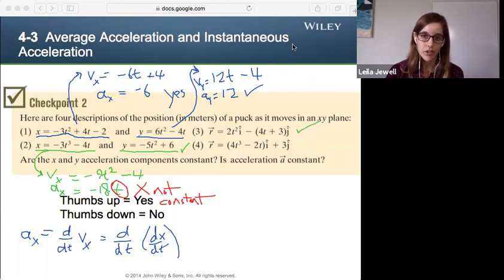But for number 4, the x component is raised to the third power. So that is not constant, even while the y component is constant with time. But if any one of the components is not constant, then the overall acceleration will not be constant.